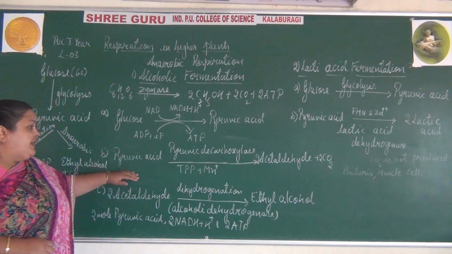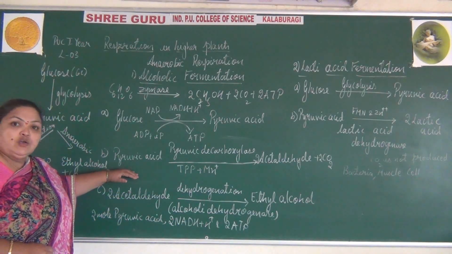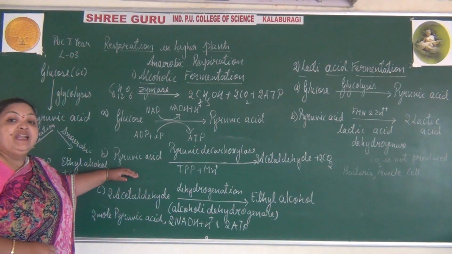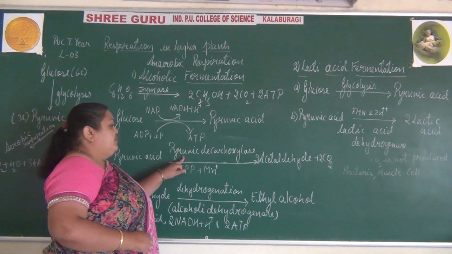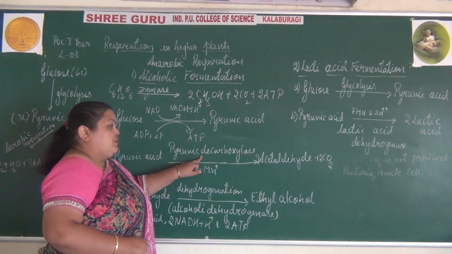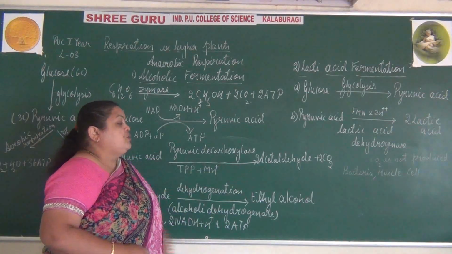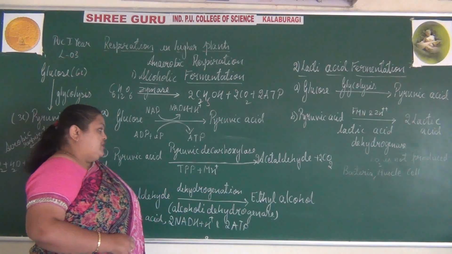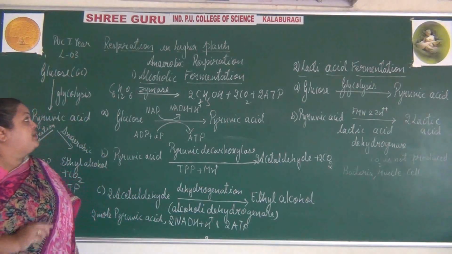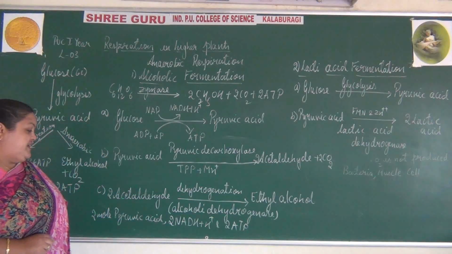And here the pyruvic acid gets decarboxylated in the presence of the enzyme pyruvic decarboxylase to form 2 acetaldehyde with the release of carbon dioxide. So this is the second step in alcoholic fermentation.